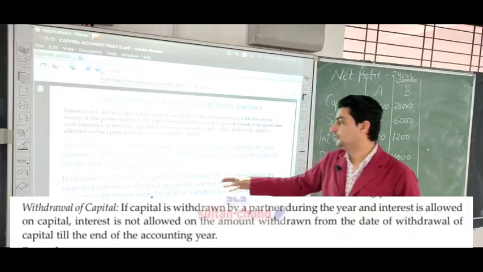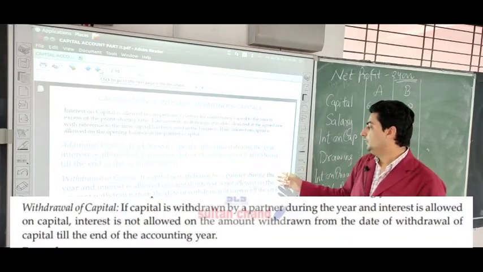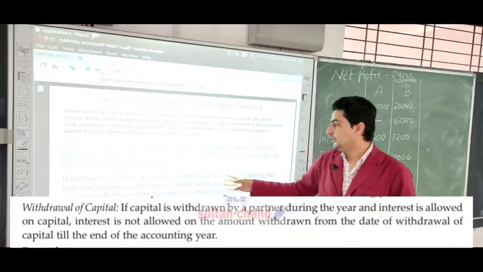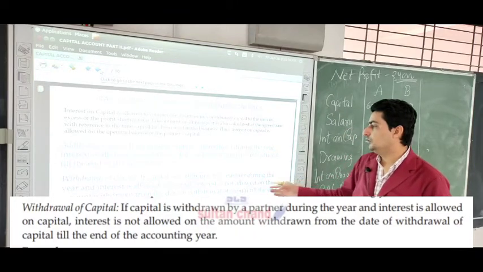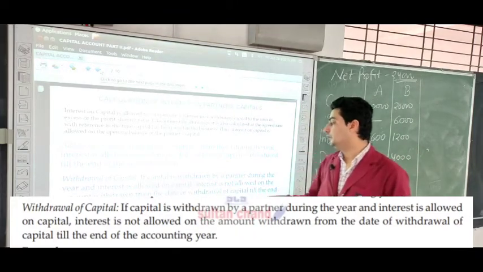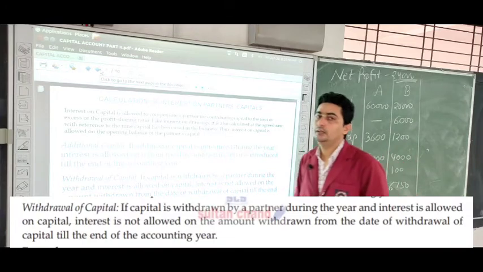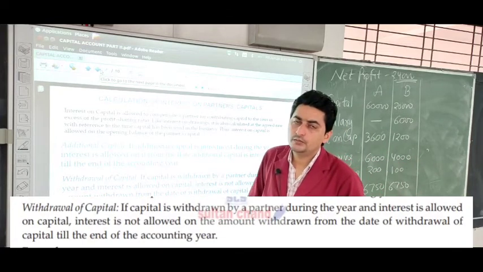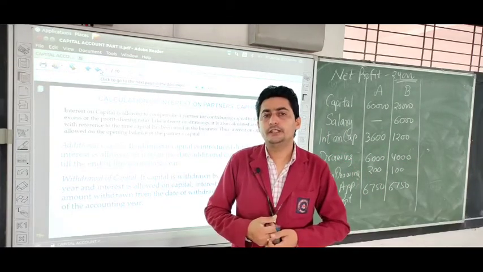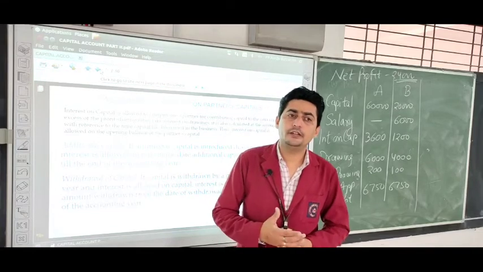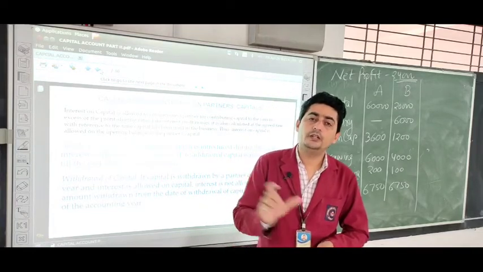Drawing of capital: if capital is withdrawn by a partner during the year and interest is allowed on capital, interest is not allowed on the amount withdrawn from the date of withdrawal till the end of the accounting year. Okay students, so if drawing against capital has been done, we will not pay interest on the amount of that particular drawing.